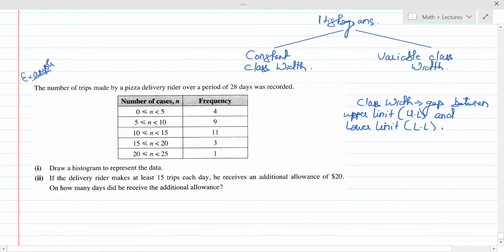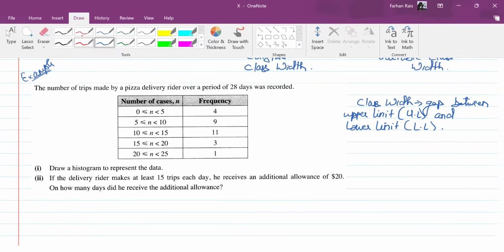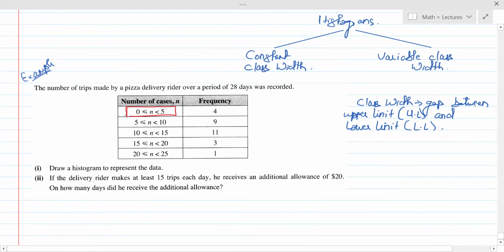Now let's talk about this very first class, where we have the number of cases from 0 till 5. This class is starting from 0, so 0 for us is the lower limit, and this class is ending at the value 5, so 5 for us would be the upper limit.